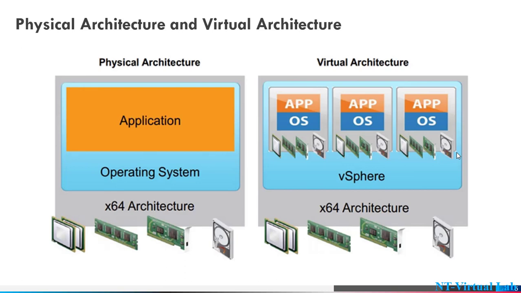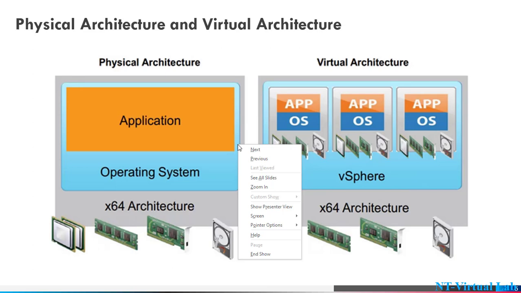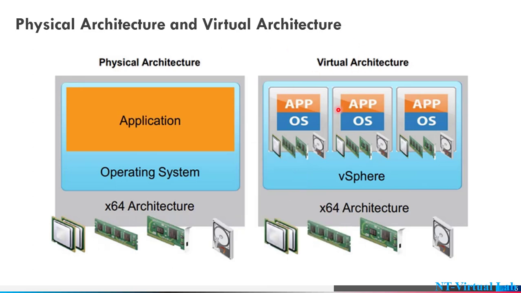Physical architecture versus virtual architecture. In the physical machine, you have your hardware, on that you install your operating system, and on that you install your applications. But in the virtual architecture, you have your hardware machine, on that you install your hypervisor like ESXi, Workstation, or Hyper-V, and on that you create your virtual machines.